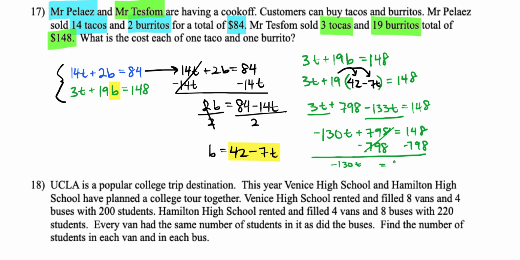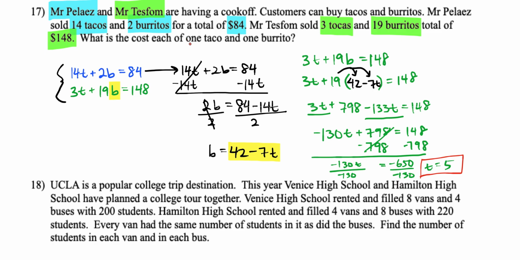It's going to be negative 650. And I'm going to divide by negative 130, and I get t is equal to 5. So that means each taco is $5, which is part of my answer.